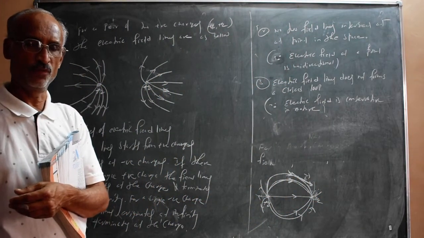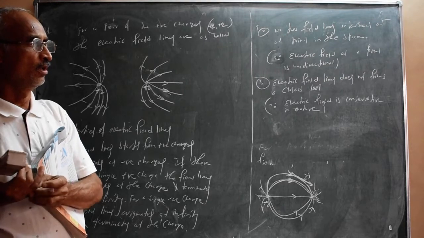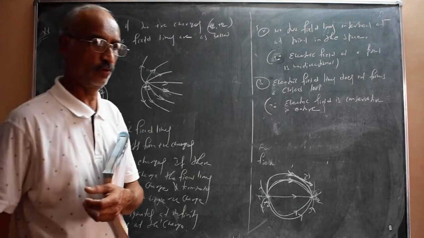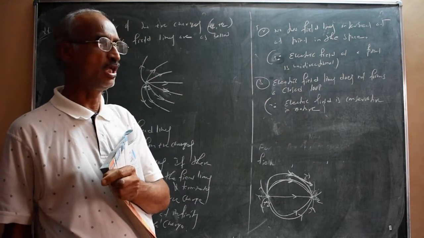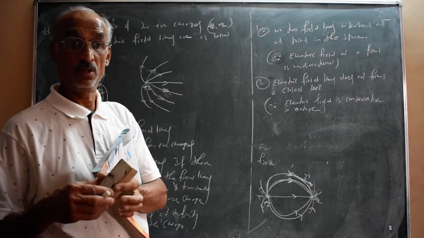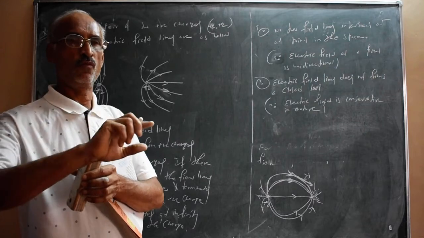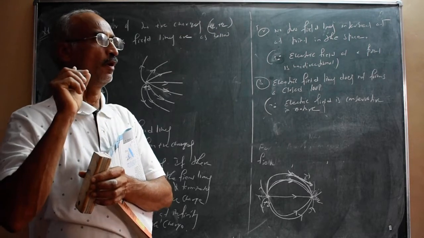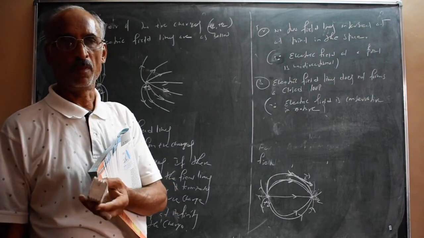A force is said to be conservative if the work done by that force is path independent: it can follow any path, and the work depends only on the initial and final points.